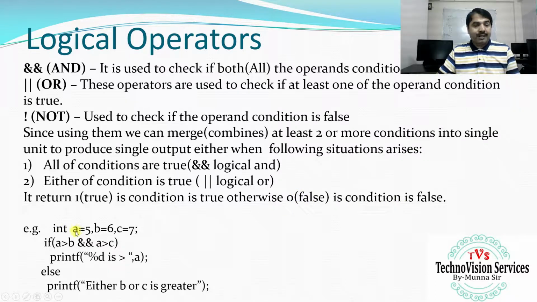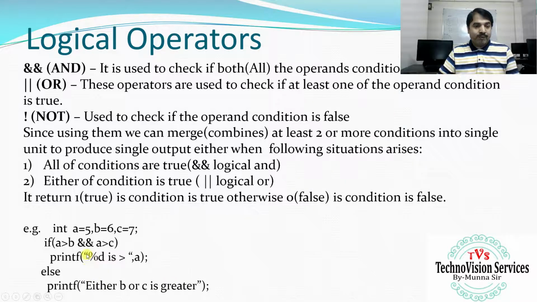For example, we have declared three variables of integer type, a, b and c, and initialized them with the values 5, 6 and 7. Now we are comparing through an if and else statement. If a is greater than b and a is greater than c, meaning we want to check if the first number is greater than the second as well as the third number, then this output should be displayed. Otherwise, in the else part, either b or c is greater, and that message should be displayed.